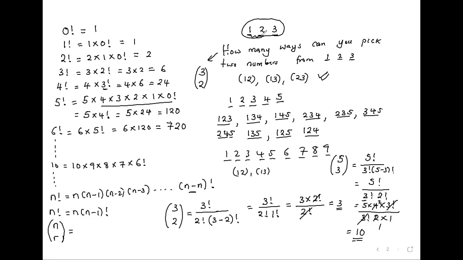So if I have any n elements, and I want to be making groups of R size, then to know how many such groups can be made, you say n factorial over R factorial times n minus R factorial, like that. Okay, so this is a general one now.